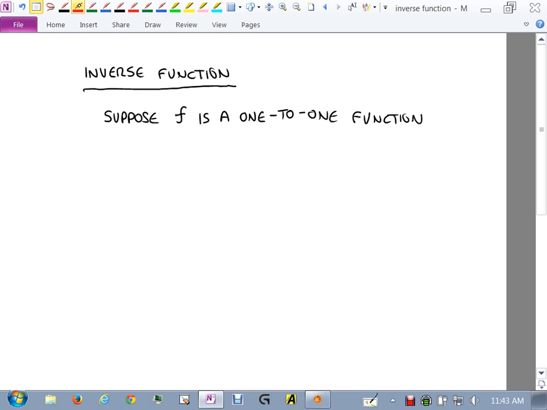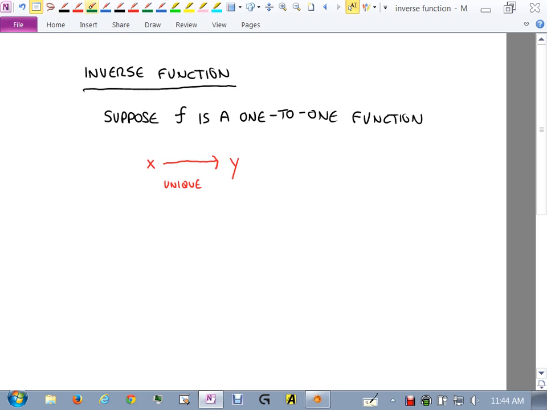That means that if I plug in an x, it goes to a y, and this is unique. Meaning that if I plug in a number, it goes to a unique number. There's no other number that I can plug in over here that would go to the same place. Does that make sense in that picture? I plug in an x, it spits out a y.